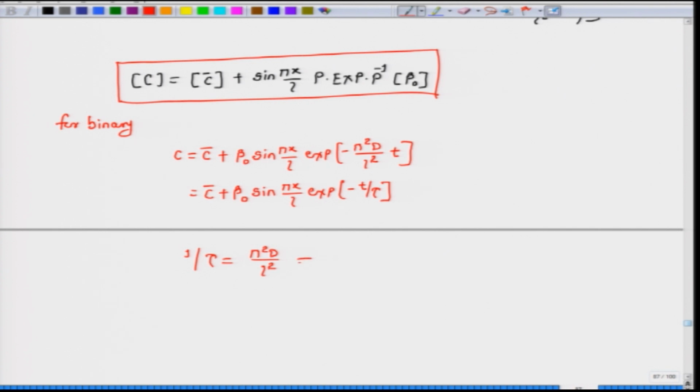So, this is basically a measure of the rate of homogenization.